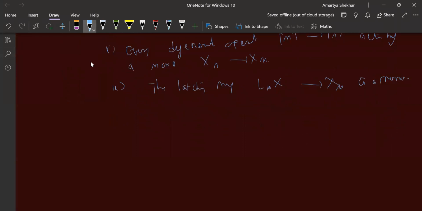Apart from that, let there be a mono in the category of simplicial sets.